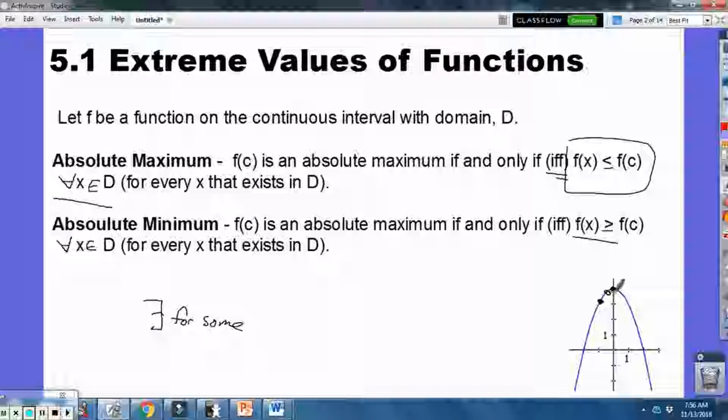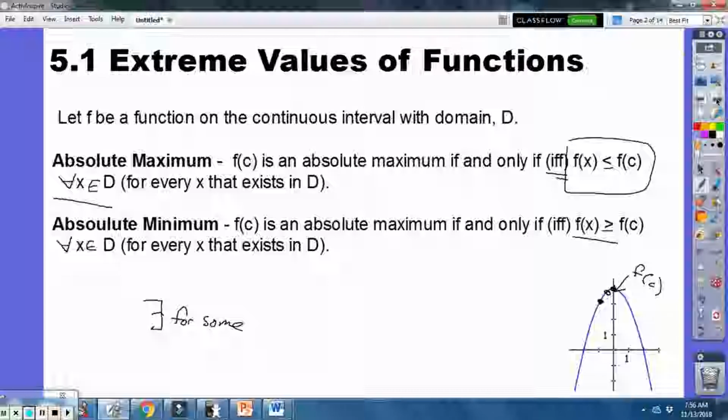That point is the highest point, so there's no other point on the entire graph that is greater than it. There's one point that's equal to it, and that's itself, f of c. So that must be the maximum. And the minimum is just the opposite definition.